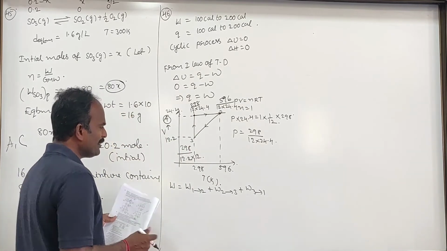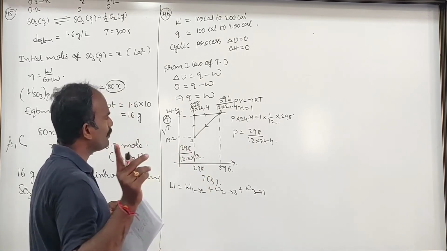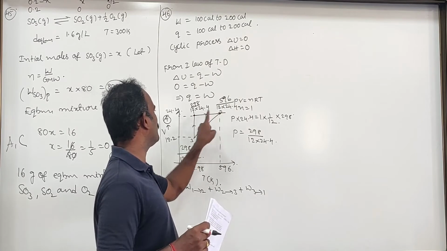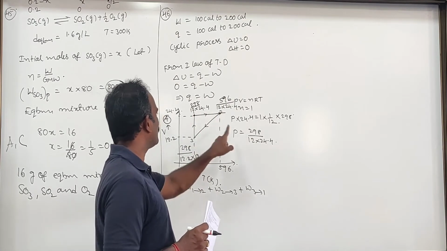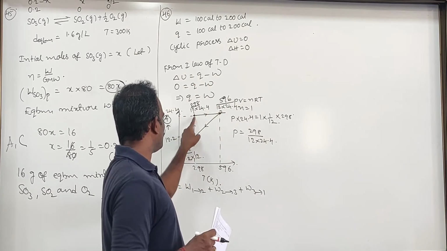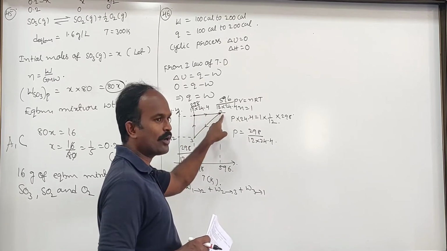By calculating minus P into delta V, you will get the work. Another thing you have to understand here: from here to here, temperature is changing, pressure is also changing, but volume is constant.